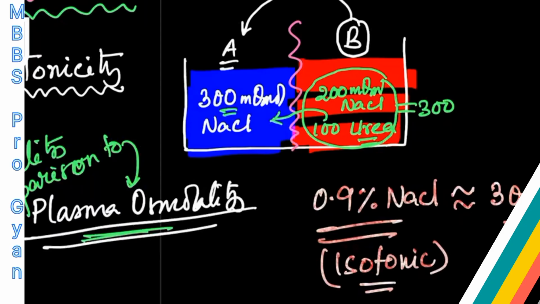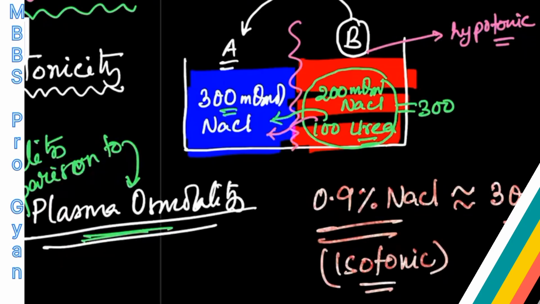Urea is permeable through this cell membrane. So whenever you give urea, urea is not an effective osmol. It is an ineffective osmol. Why? Because it can easily penetrate this cell membrane and go to the other compartment. So what will happen? This compartment B will be hypotonic later on.